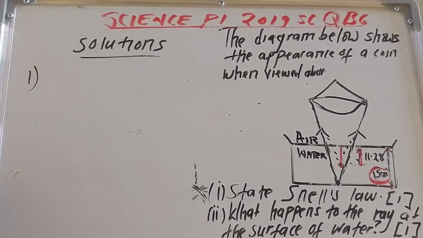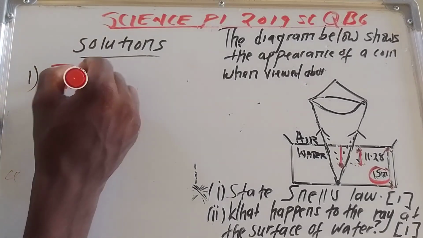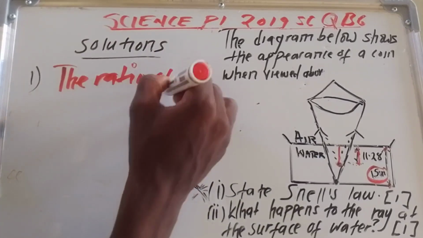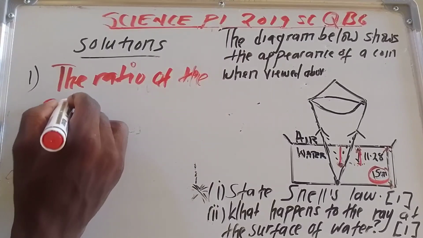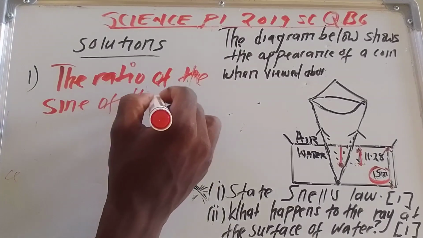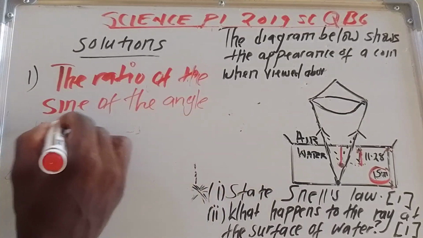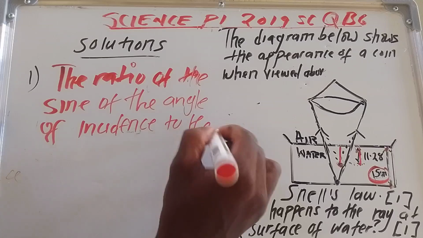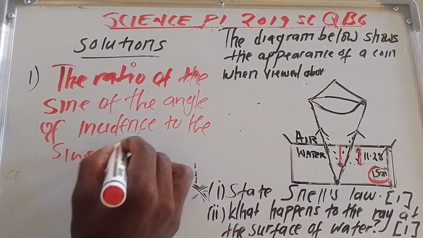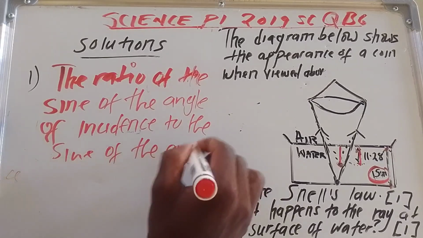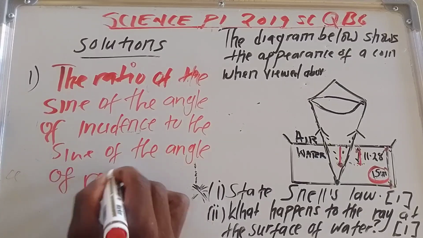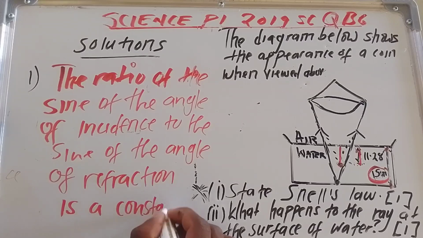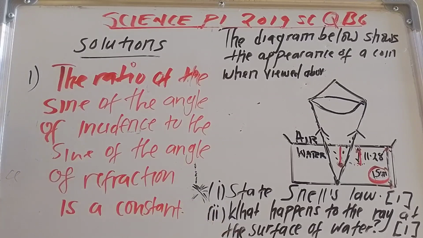Snell's law states that the ratio of the sine of the angle of incidence to the sine of the angle of refraction is a constant. So this is what Snell's law states.